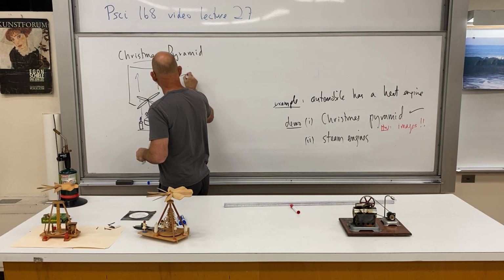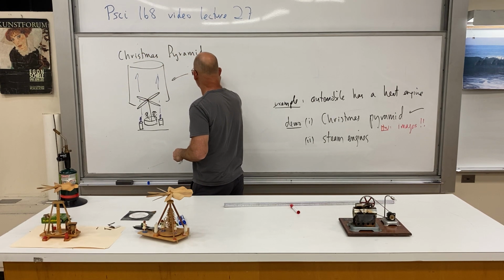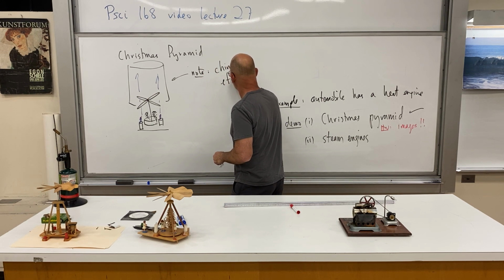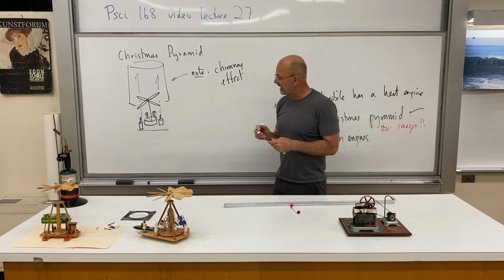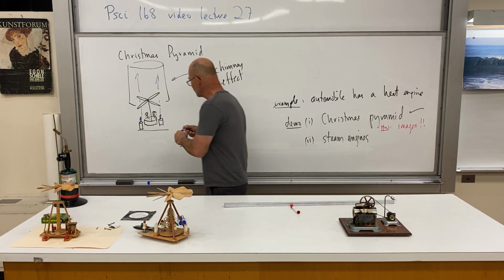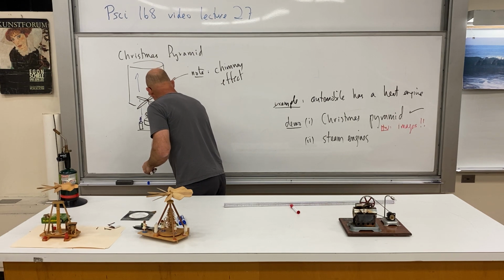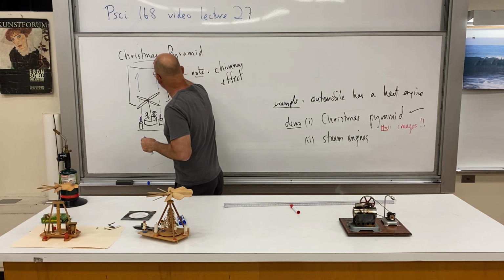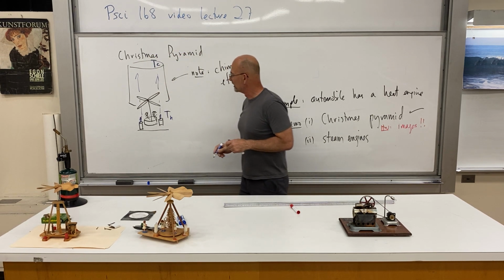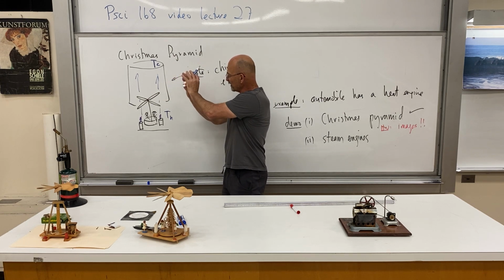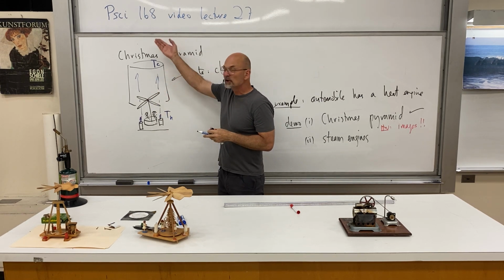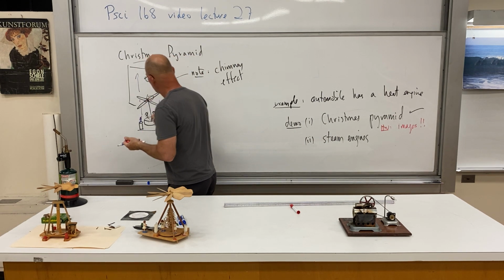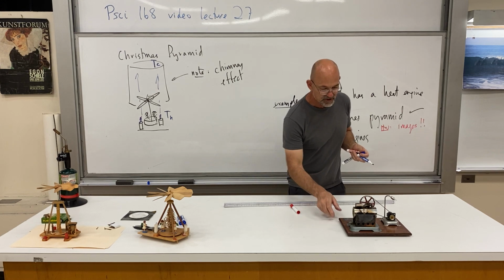I'll just say, note chimney effect. Very important, because what we have already here is T sub H down below where it's hotter, and we have T sub C up here. And encasing it in a chimney is enough to get a real current going. And these things were spinning around nicely. So there we go. Now this machine's about ready to rip.